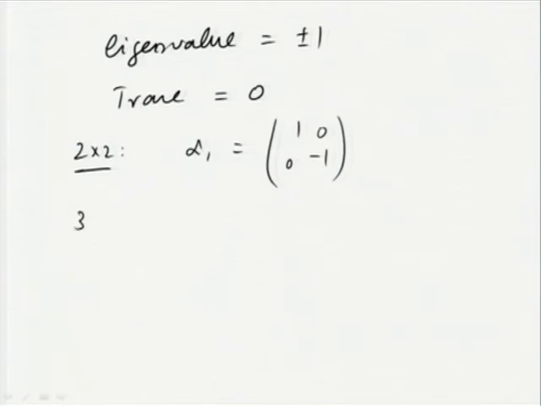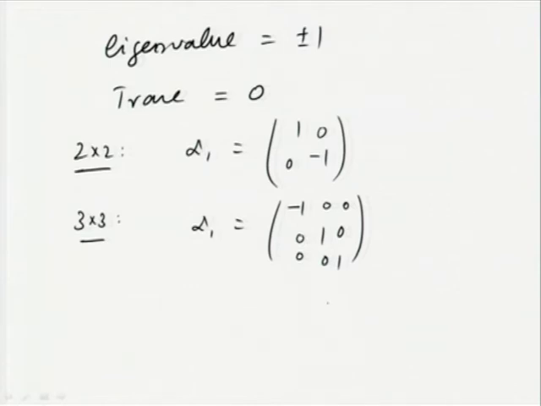But now, let me take a 3 by 3 case. So, let me take alpha 1. One possibility is to take 1, 1, 1, because then that is a unit matrix. So, obviously, the trace of that is not equal to 0, but can I make one of them minus 1, the other plus 1, and then also the trace is minus 1 plus 1? This is not possible.